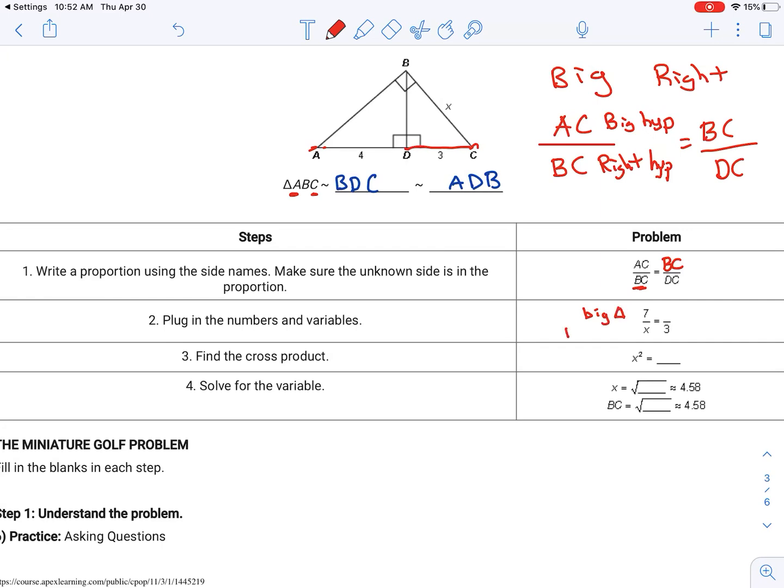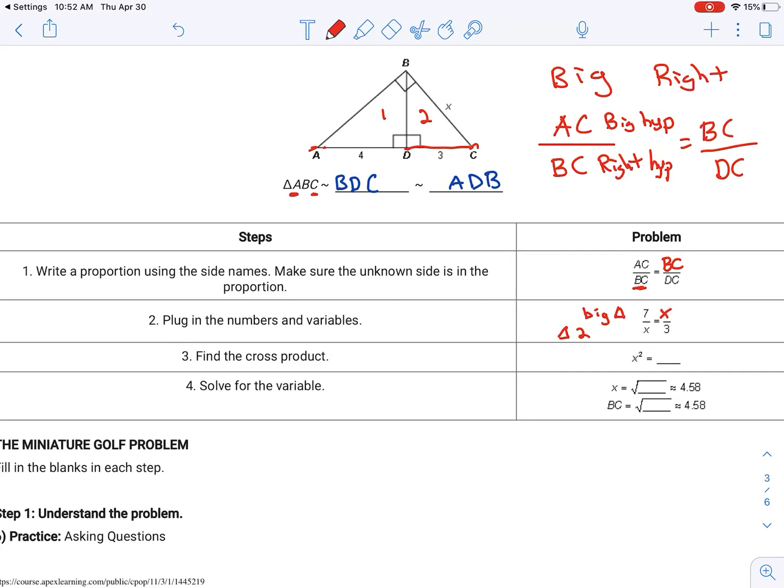Let's go back to calling them 1 and 2, because if I call it the triangle on the right, I'm thinking right triangle, which they all are. So I have my big triangle on the top and triangle 2 on the bottom. If I have 3 as part of triangle 2, it's the small leg of triangle 2, so I need the small leg of the big triangle on the top, which is x.